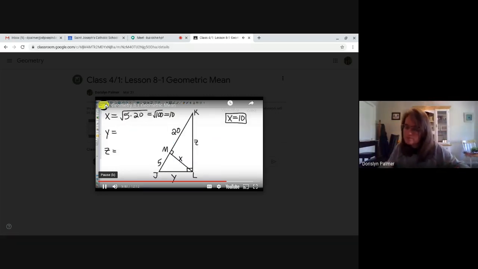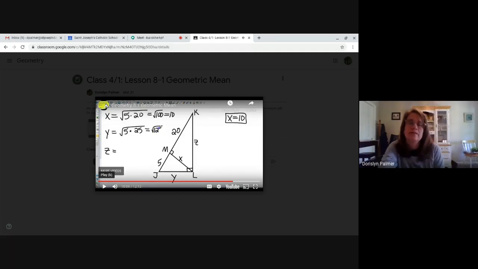So y is going to be the geometric mean of the adjacent side, which is 5, times the entire side, which is 25. So that's going to equal the square root of 125.